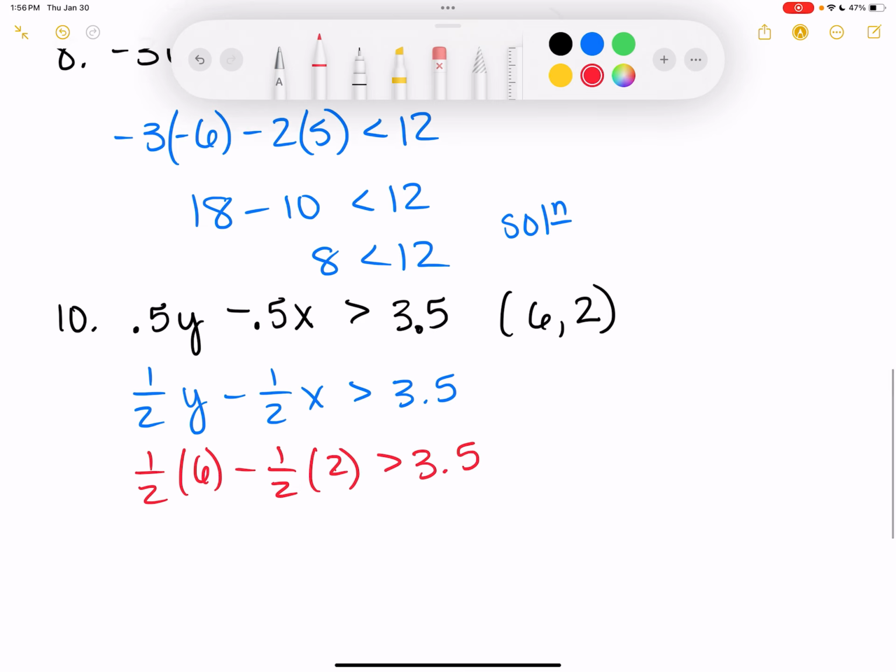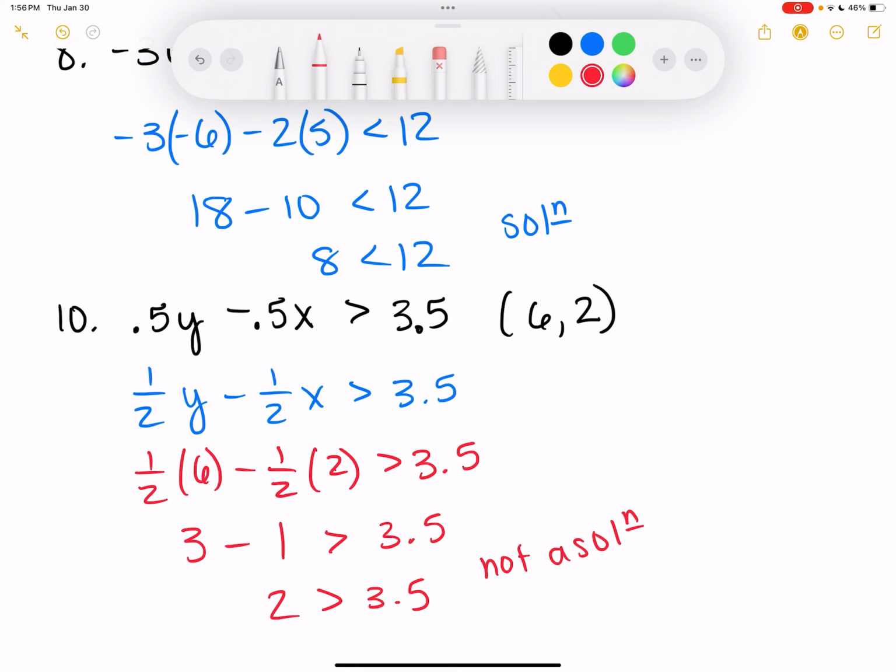Well, what's 1/2 times 6? 3. And then what is 1/2 times 2? 1. So 3 minus 1 is 2, and 2 is greater than 3.5. Is that true? No, so this is not a solution.